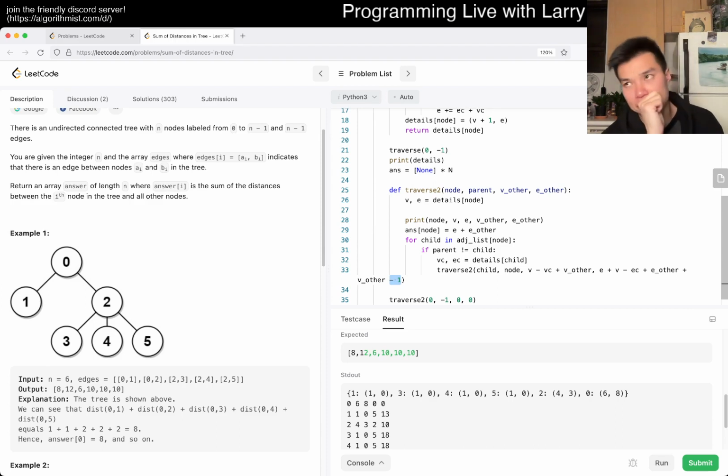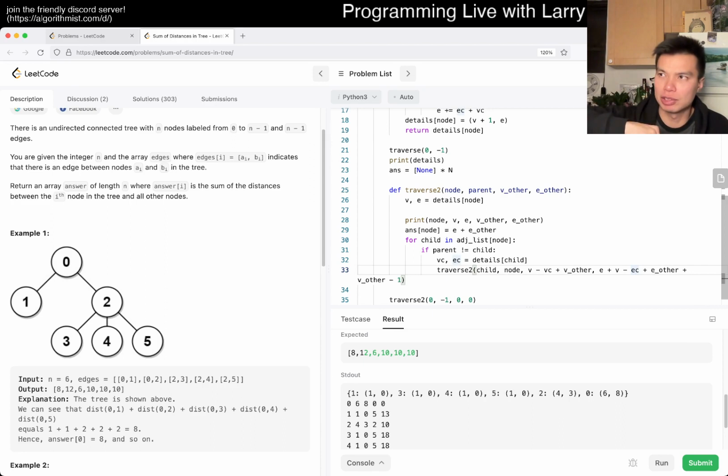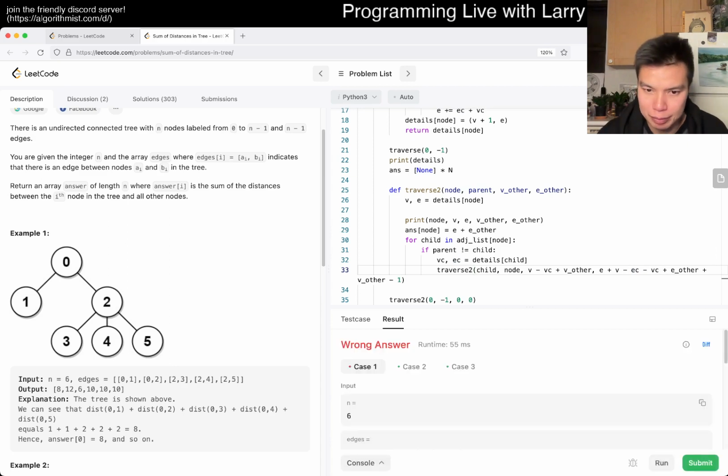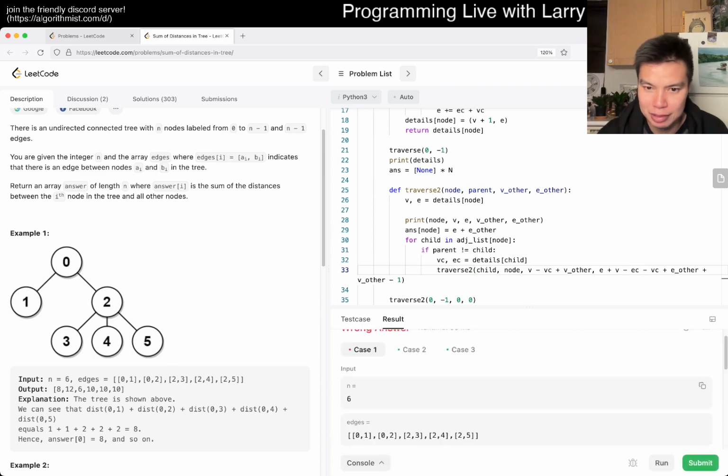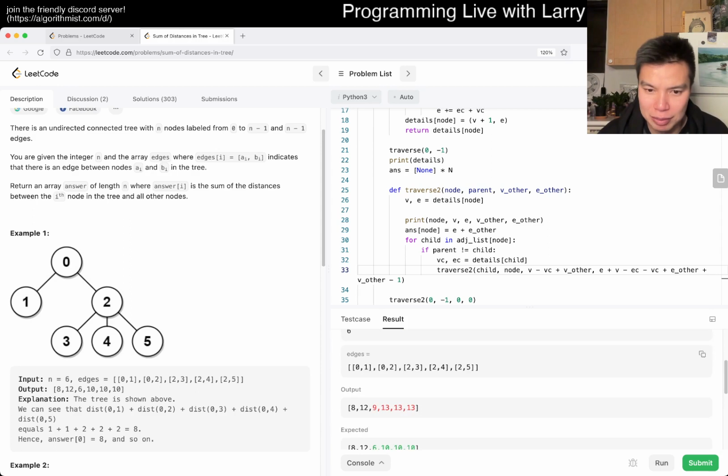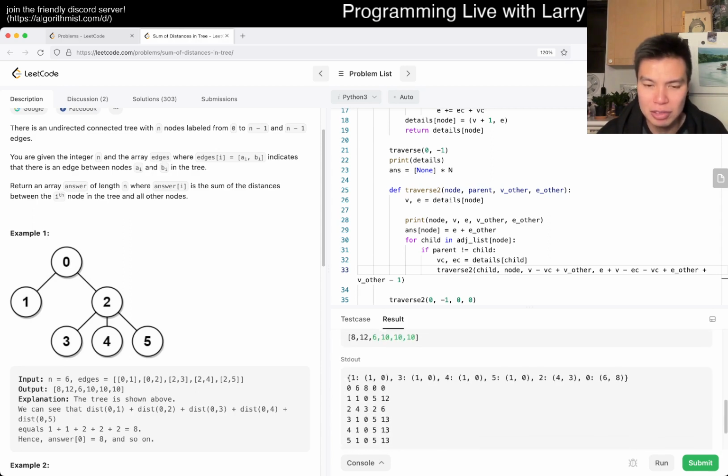No, I think that's fine maybe, because I think I have to also minus VC somewhere here, because all of them are one closer. But yeah, I think maybe that's why. Okay. Somehow, well, these are silly cases, so it doesn't matter. Okay. I'm not very confident right now, but this makes sense, I think.